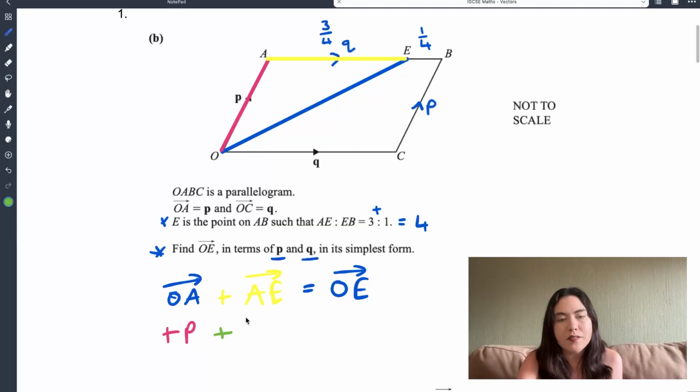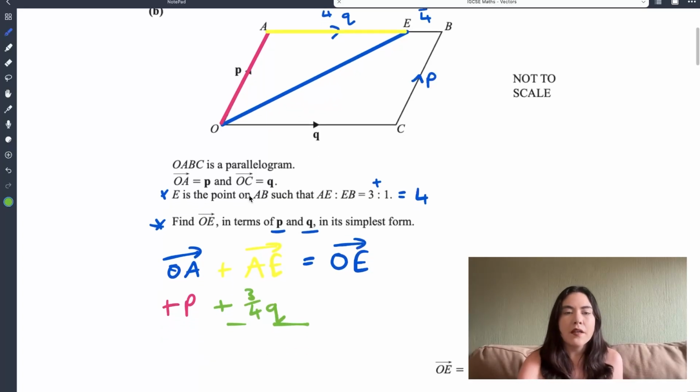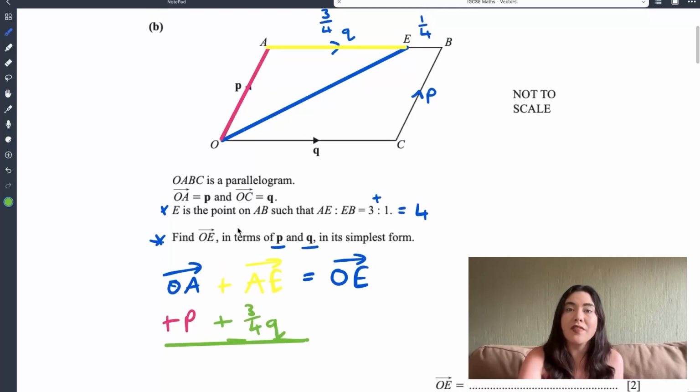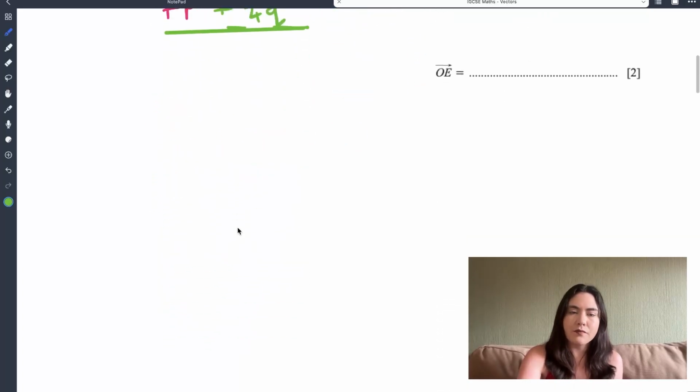So it's positive 3/4Q. And that is your answer. Okay, P plus 3/4Q is how you get from O to E. So maybe it's not the direct route, but it is a set of instructions that'll get you from O to E. All right, let's move on to the next question.